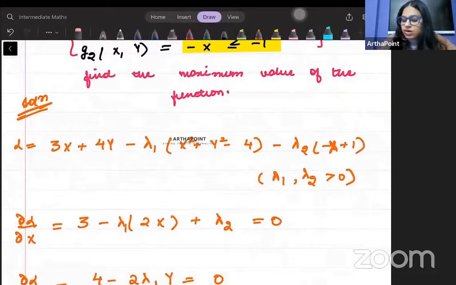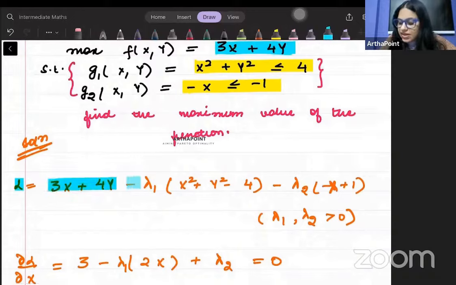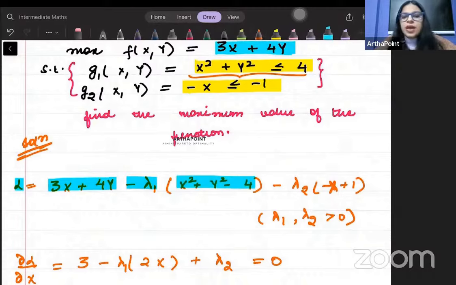So you have to formulate the Lagrange. In the Lagrange, you first write the objective function. So I have written 3x plus 4y minus lambda 1, where lambda 1 is the first Lagrange multiplier, and then you write the constraint inside brackets: x square plus y square minus 4.